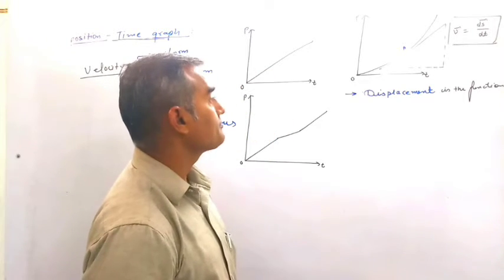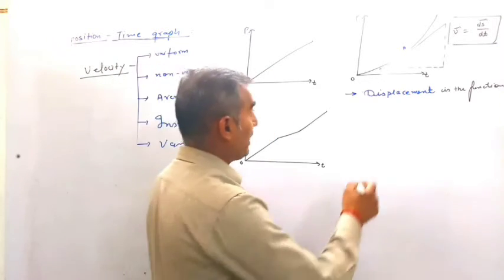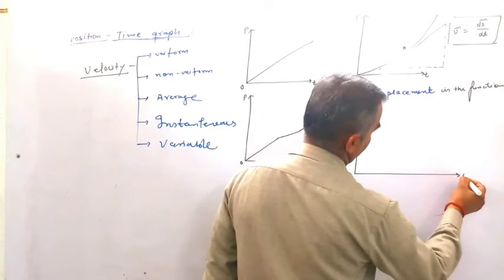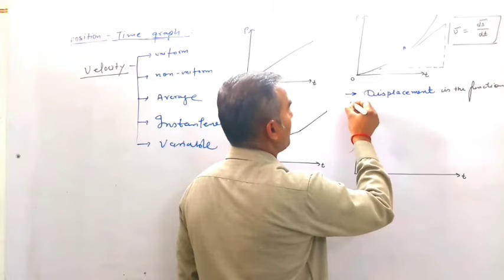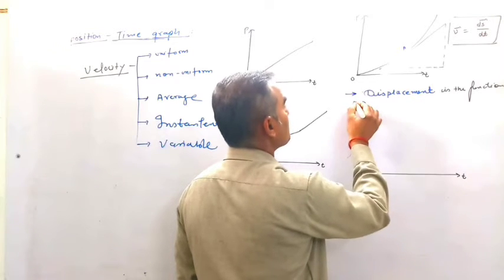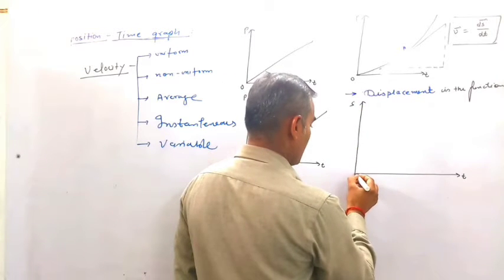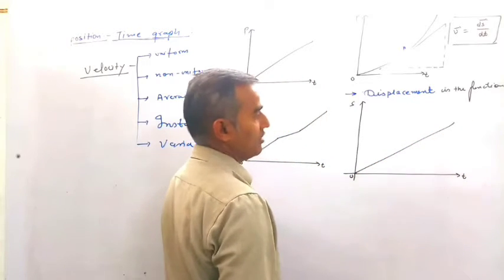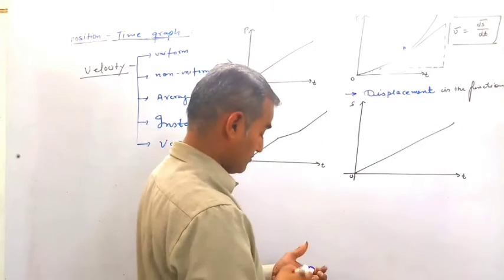Now for average velocity. This is the uniform velocity graph.